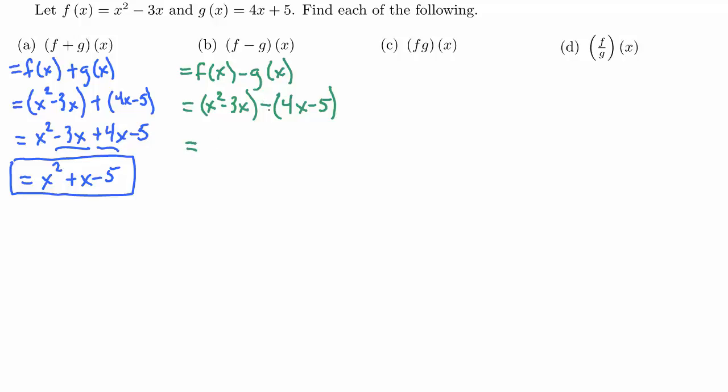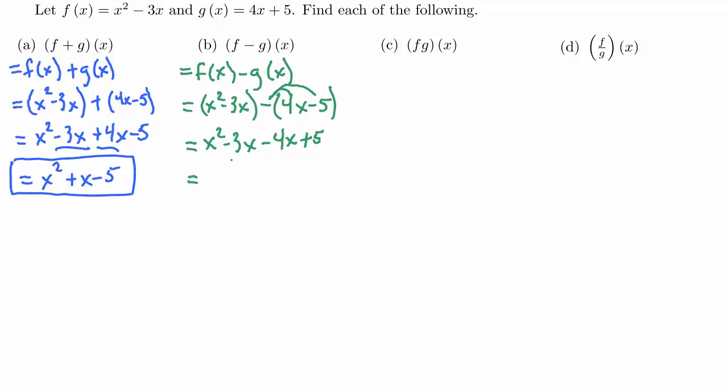This time, because it's subtraction between the two, I need to distribute that negative sign to both of those terms in the second parentheses. This gives me x squared minus 3x minus 4x minus 5.